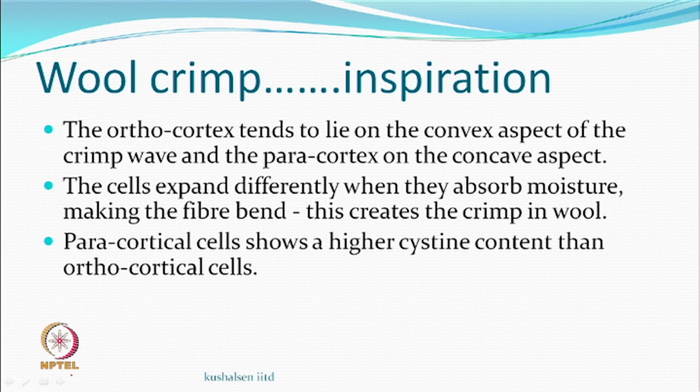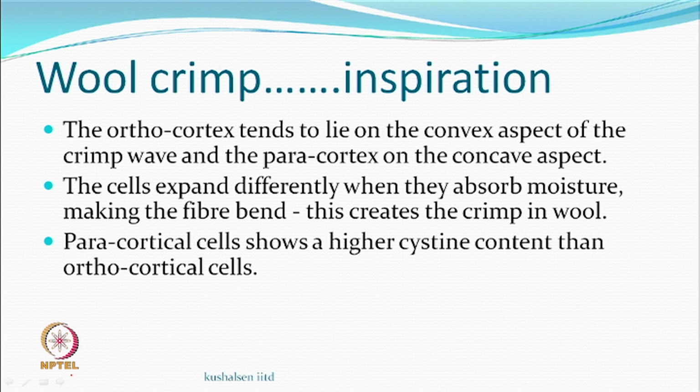It was also understood by some hard work that the paracortex has more cysteine content than the ortho. Now, what that means is that there are cross links, right. Cross links mean stability. We can always consider that the one which is less cross linked is more amorphous, more flexible, more ready to change the dimensions.